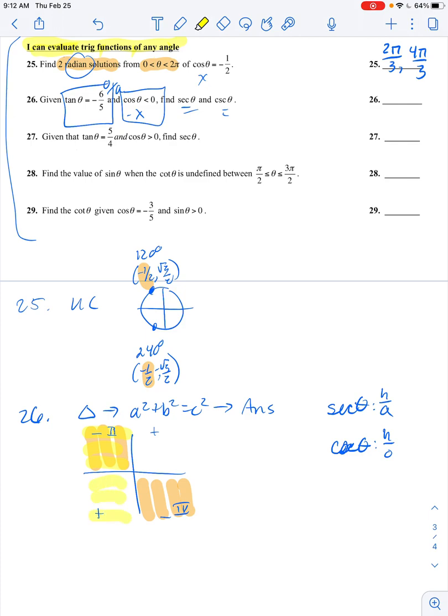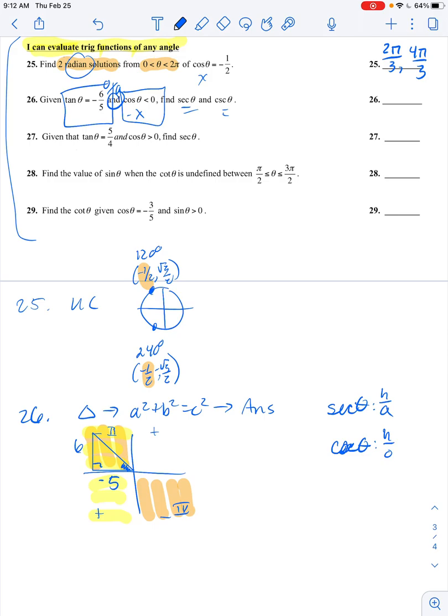So I'm looking for the quadrant where they overlap those two facts because it says and. So I'm going to draw my triangle into this quadrant. The opposite is 6 and the adjacent is 5. Because it's negative, one of those numbers has to be negative. In this case, the 5 would be the negative because your x is negative to get into that quadrant.